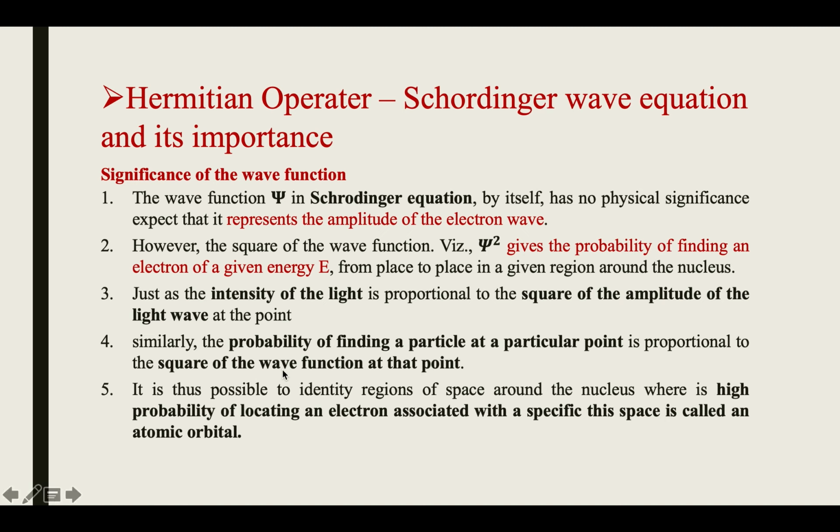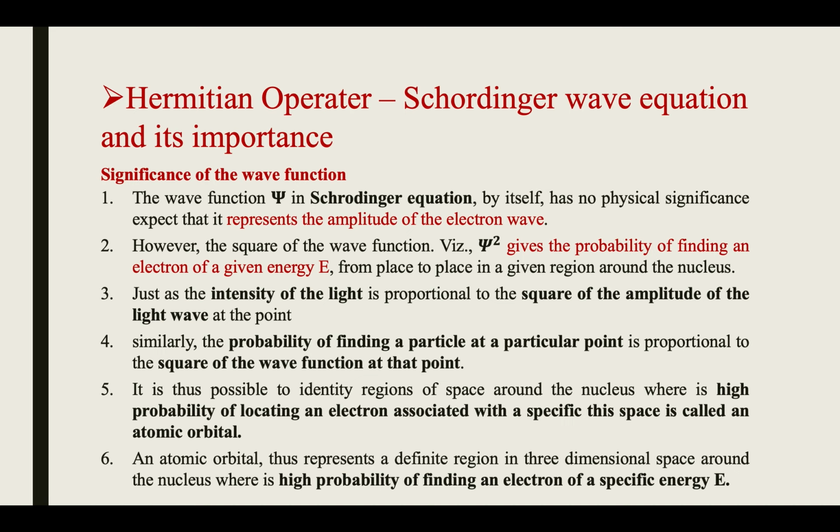It is also possible to identify the regions of space around the nucleus where there is a high probability of locating an electron associated with a specific energy. This space is called an atomic orbital. We are definitely going to find the electron around the nucleus, as there is a very high probability of locating an electron in that specific space, which we call an atomic orbital.